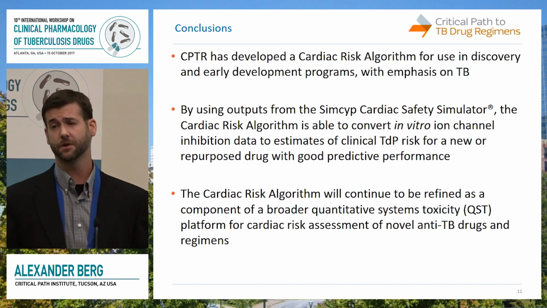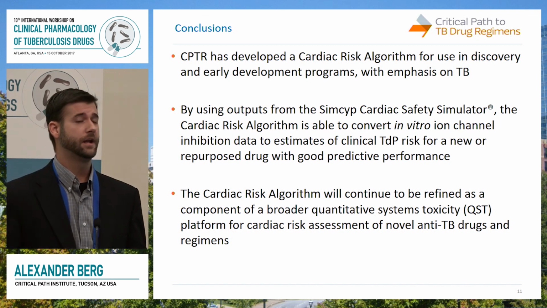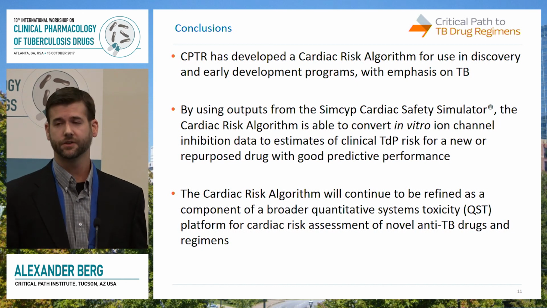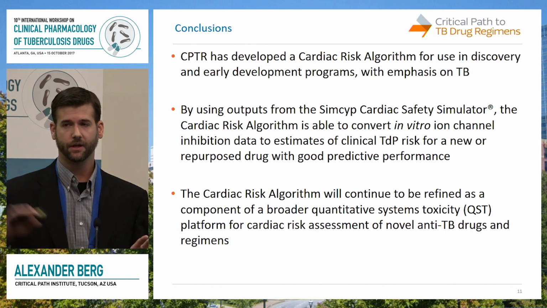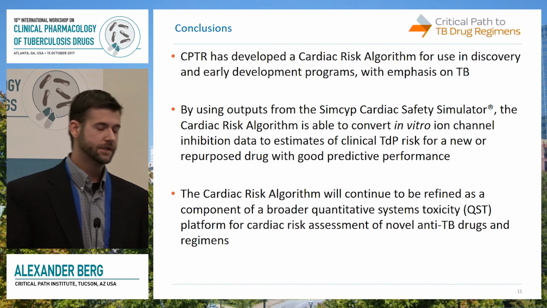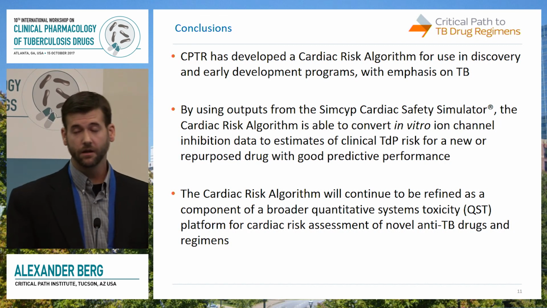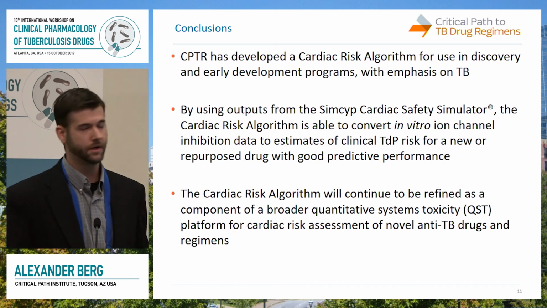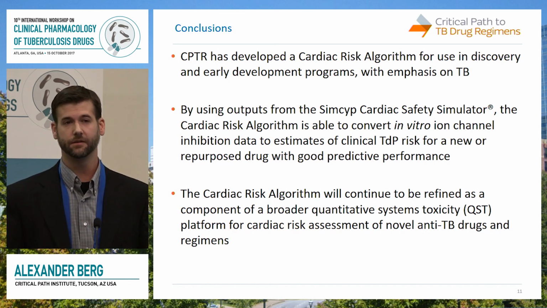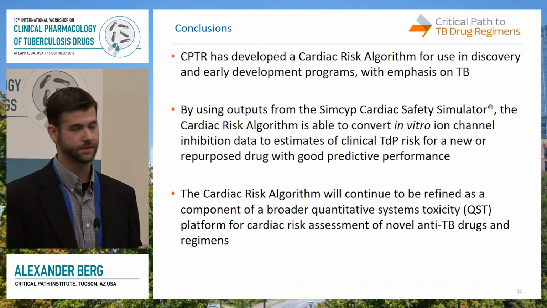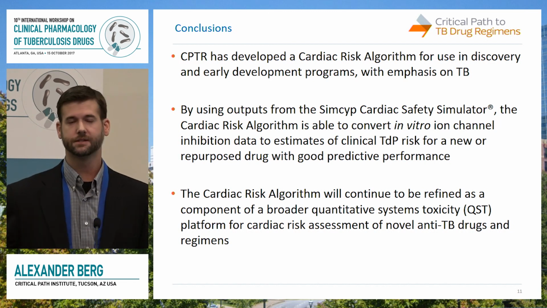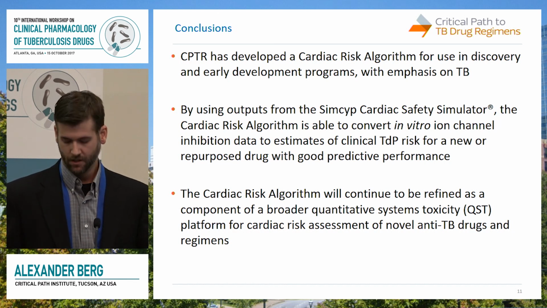It's built on the SimSip cardiac safety simulator, and it's able to convert in vitro ion channel inhibition data into a clinical outcome without requiring any clinical data. This will continue to be updated and will be incorporated into the overall quantitative systems toxicity platform that we're proposing for risk assessment in TB, along with the later stage assessments through mechanistic PK/PD modeling.